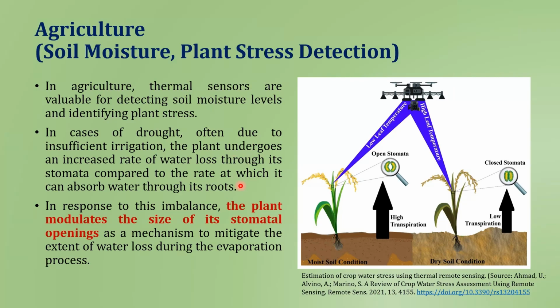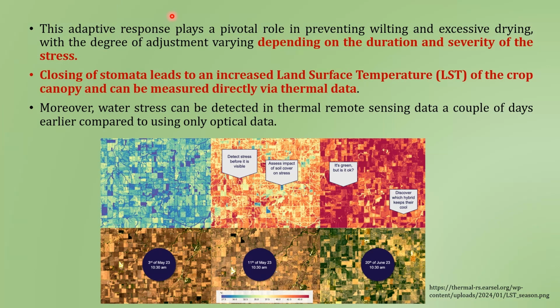And in response to this imbalance, the plant modulates the size of its stomatal opening, and this is the mechanism to mitigate the extent of water loss during the evaporation process. This adaptive response plays a very important role in preventing wilting and excessive drying, and the degree of adjustment varies depending on the duration and the severity of the stress.